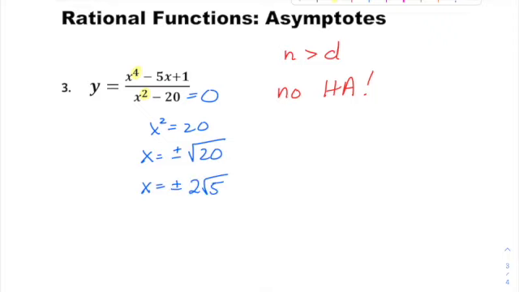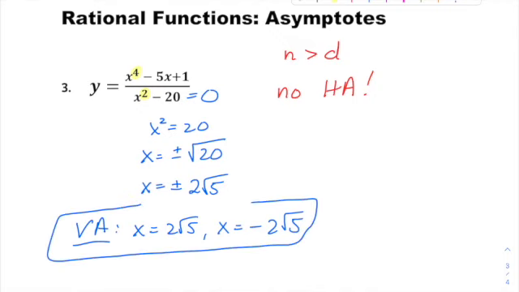Root 4, which is 2, times root 5. And so this would have two vertical asymptotes, one at x equals 2 root 5, and one at x equals negative 2 root 5. And again, neither one of those would cancel from the numerator. There's not a factor of either one of those up there. Okay.